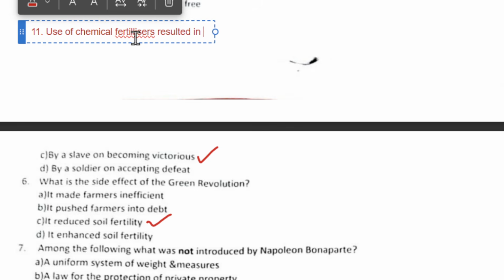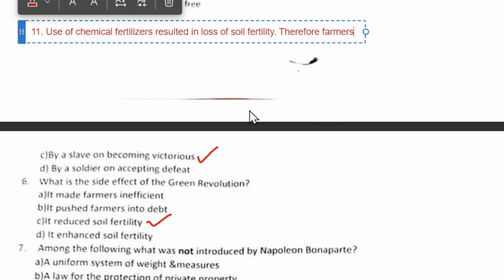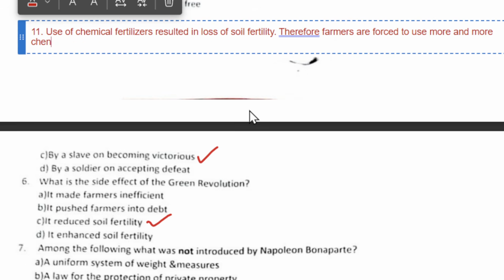resulted in loss of soil fertility. Therefore, farmers are forced to use more and more chemical fertilizers to achieve the production level, which in turn raises the cost of production.